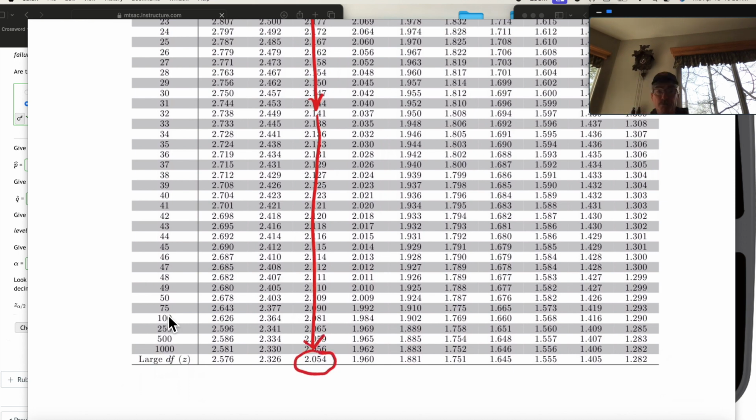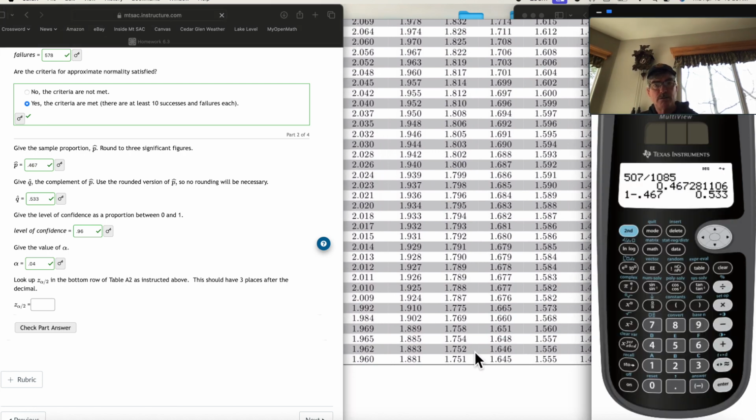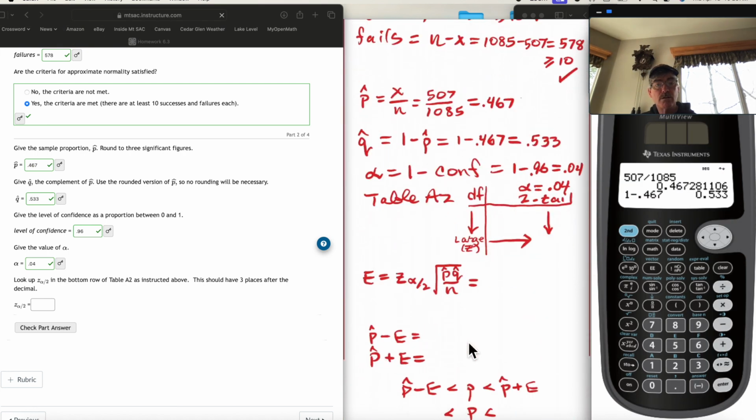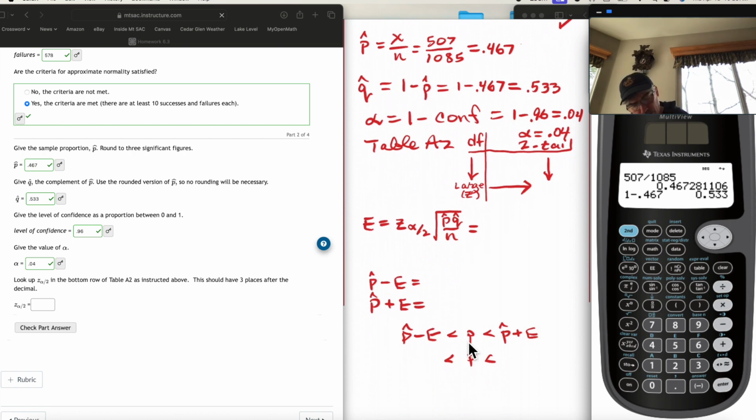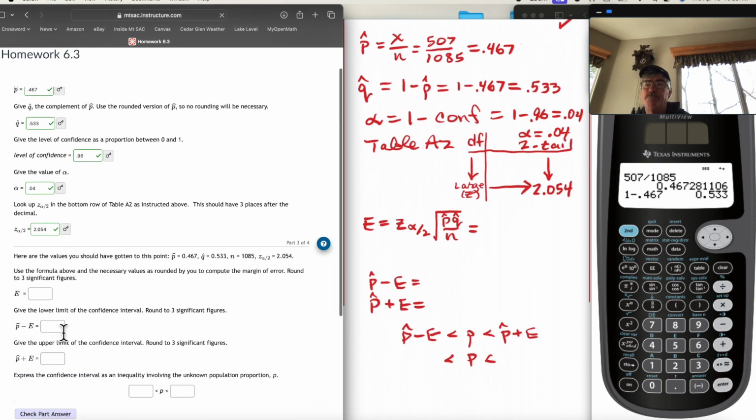It's 2.054. Okay, and so let's come back and put that in. 2.054 is what we got there. I'll put that in over here, and everything should be okay.